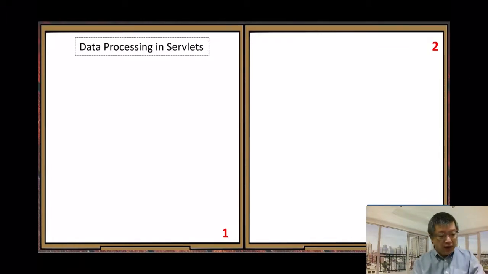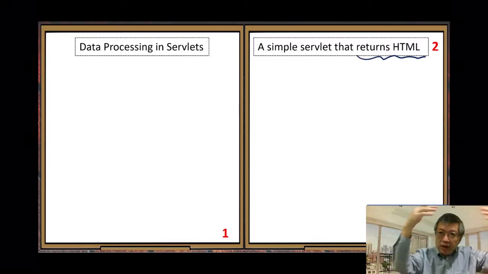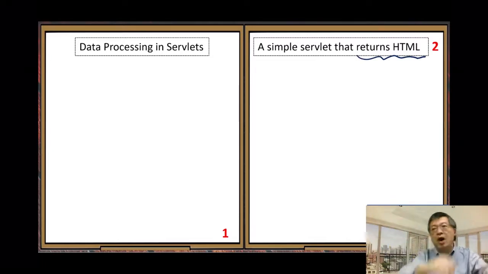Here, let me just put a simple servlet, the main part. In order to return data to the users, we want to make our servlet return HTML content, because the data is presented as an HTML page in a web browser.